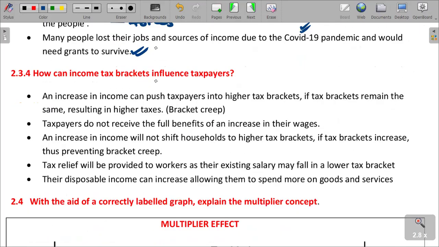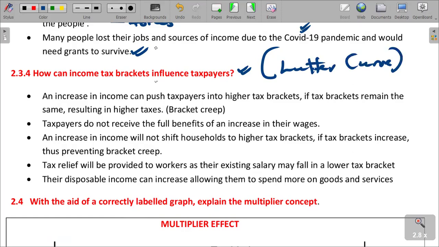We have got our next question saying, how can the income tax bracket influence taxpayers? We can also talk about it under an analytical tool called the Laffer curve.